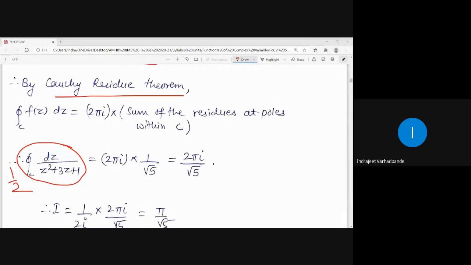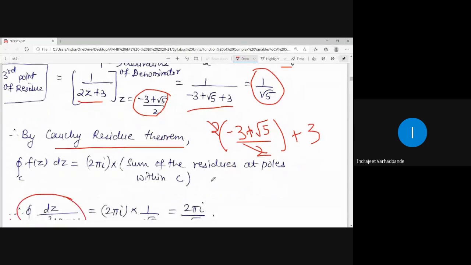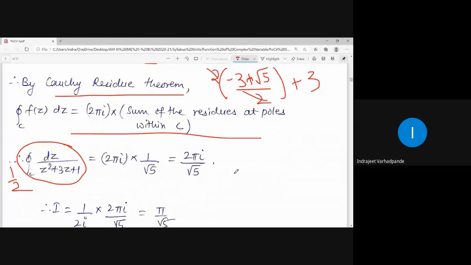Sir, please show the upper part a bit. Yes, wait. Is it written? Okay. Have you written regarding the residue? So 2 multiplied by this will be like this, plus 3. So 2 cancels, minus 3 plus √5 plus 3 is the only remaining term. So by Cauchy residue theorem, this is 2πi into the sum of the residues at poles within C. This value is 2πi upon √5.